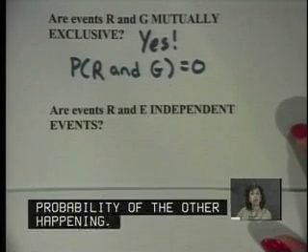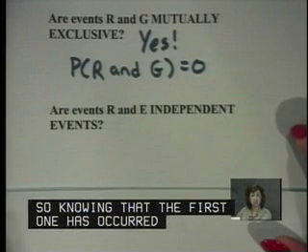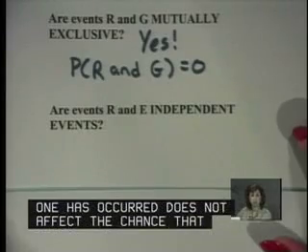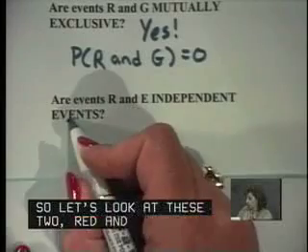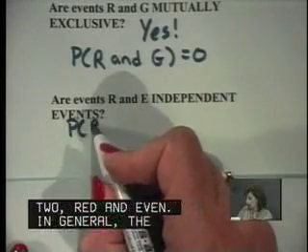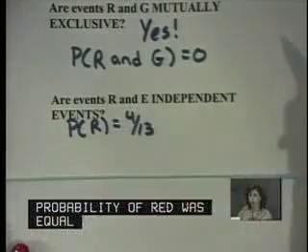So knowing that the first one has occurred does not affect the chance that the second one occurs. So let's look at these two, red and even. In general, the probability of red was equal to 4 out of 13.